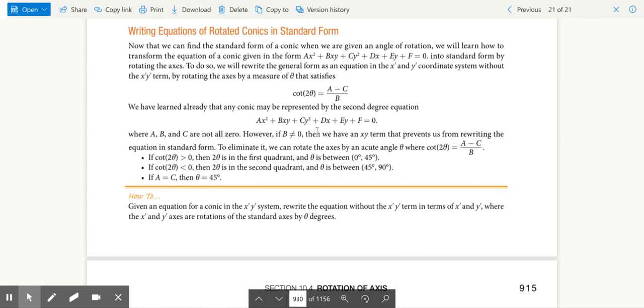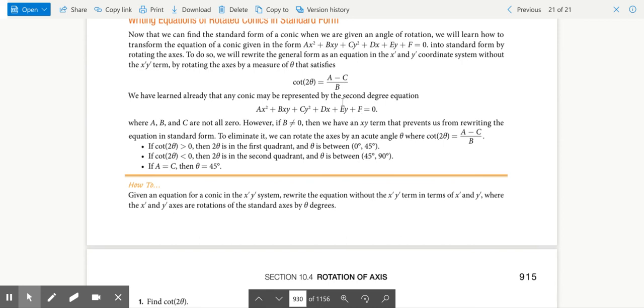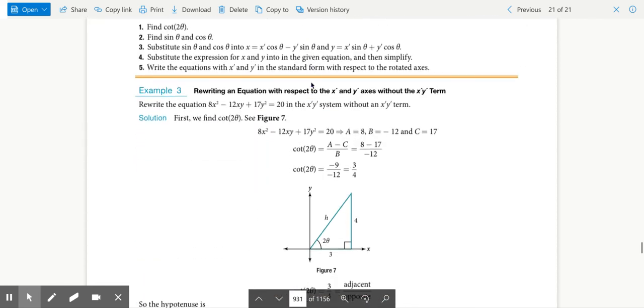Anyway, going in the direction they're actually expecting you to go in, where you use A, B, and C to find theta, let's talk about that for a minute.